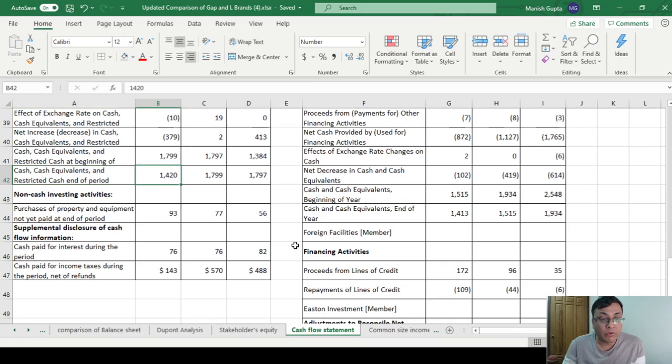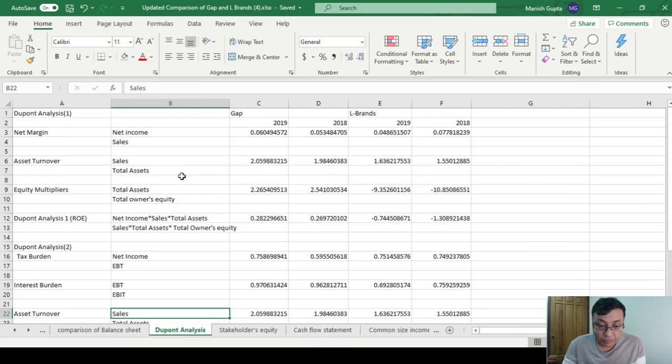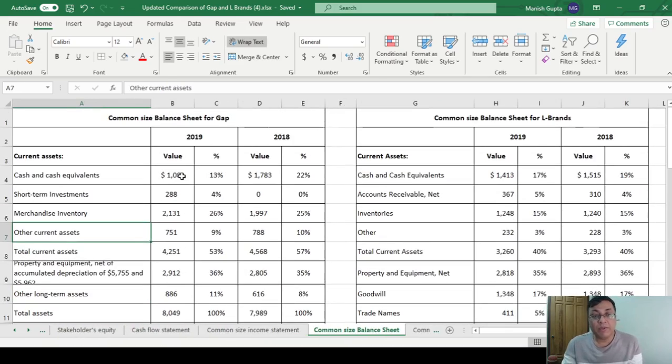Cash and restricted cash at the end has reduced mainly because of the investments, which you can conclude from here. Now the cash flow statement is clear, because we are able to see that if there's a drop, the drop is coming mostly because of our investment. You can see here the short-term investment has increased.